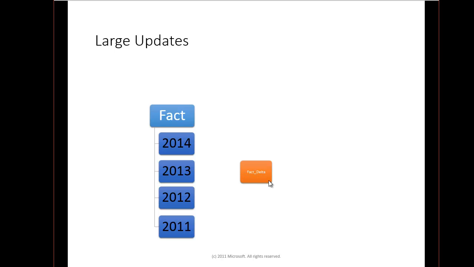So here I have my new version of my fact data, and I might have to do some sort of delta detection on that. So I do a bulk insert, and then I can switch out my old fact data. So then I'm only comparing, in this case, I think it'll be 2013 to 2013, the old one versus the new, or it's 2014, I'm sorry.